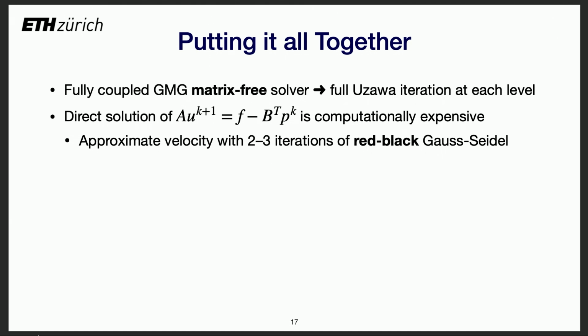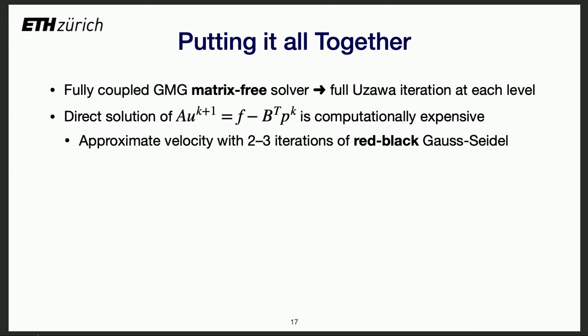The direct solution of this intermediate linear system, A u equals F minus B transpose p, is very computationally expensive, of course. So what we do instead is approximate the velocity via a few iterations of Gauss-Seidel. Specifically, we want this to run very fast, so we're using a variation called red-black Gauss-Seidel, which runs very well on GPUs.